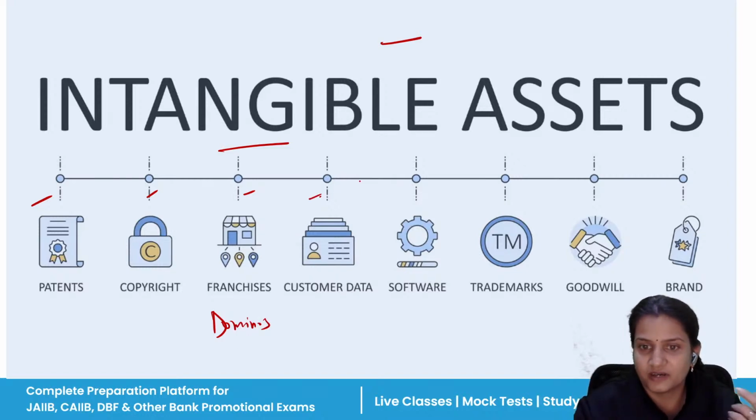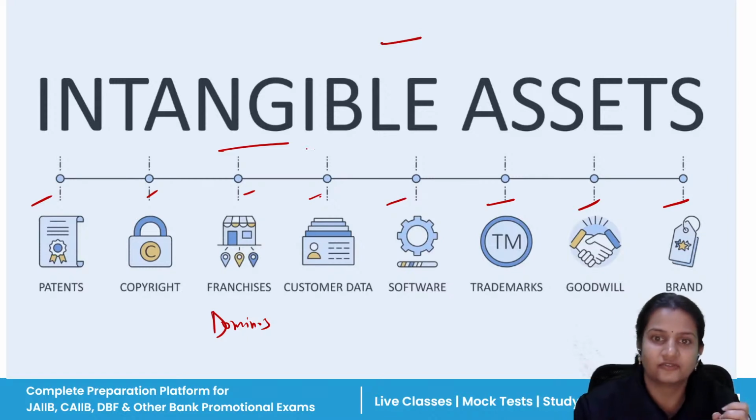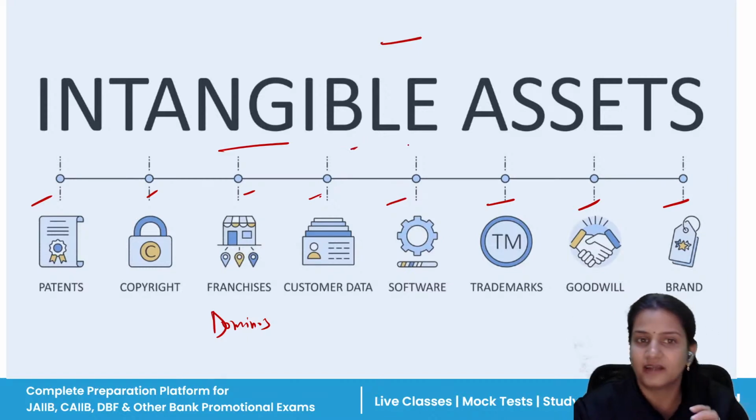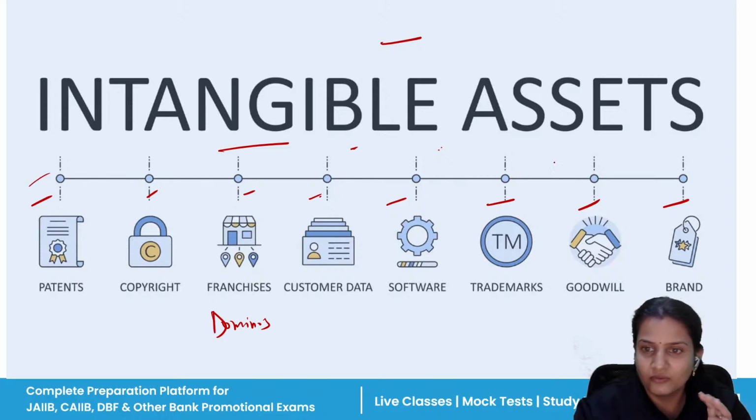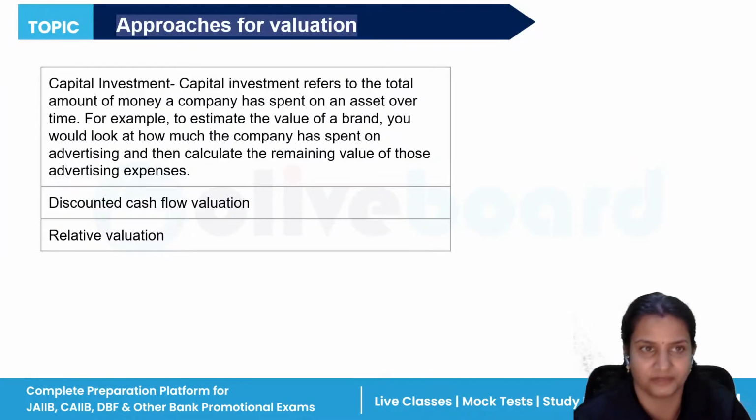The data of the customer, any kind of software, trademarks, goodwill, reputation, brand recognition. All these are intangible assets. If anybody is related to such a business and wants to sell it, how will a purchaser value such a business? That is special cases of valuation.